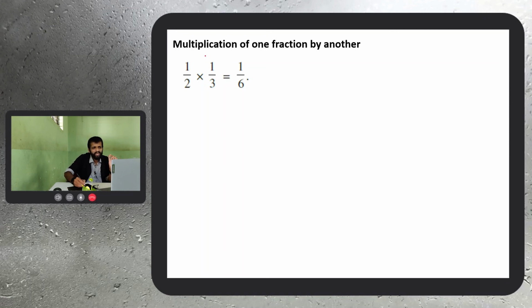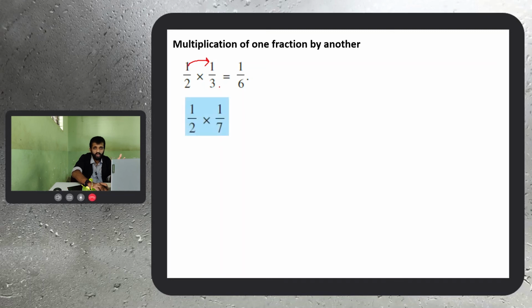When you are multiplying, all I have to do is numerator gets multiplied, denominator gets multiplied. Simple rule. Here we are not even bothered whether my denominators are same or different. We straight away multiply numerators to numerator, denominators to denominators. So 1 multiplied by 1 will become 1, and 2 multiplied by 3 will become 6.